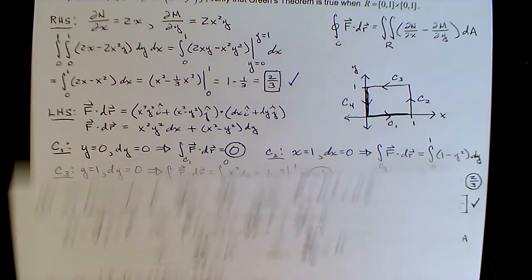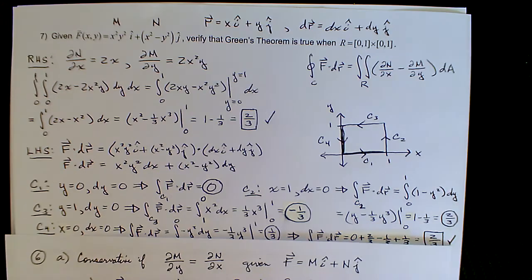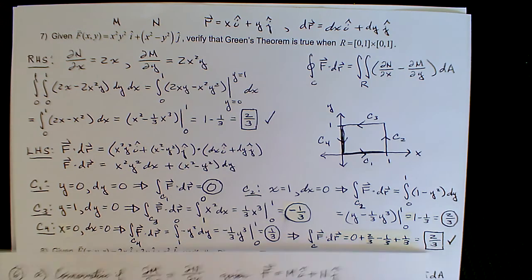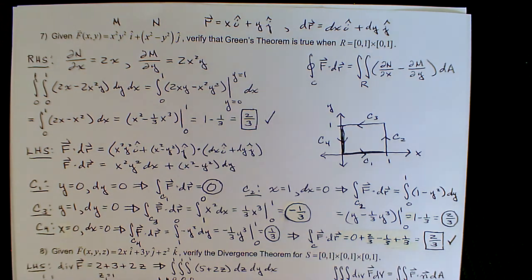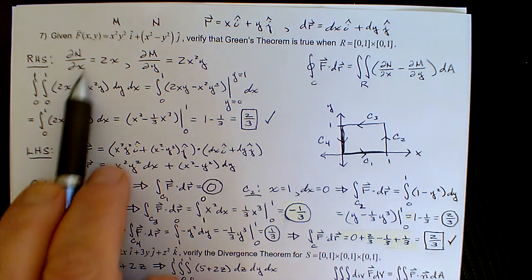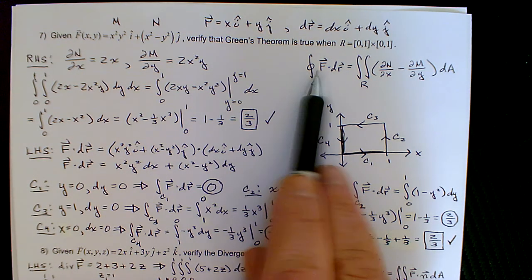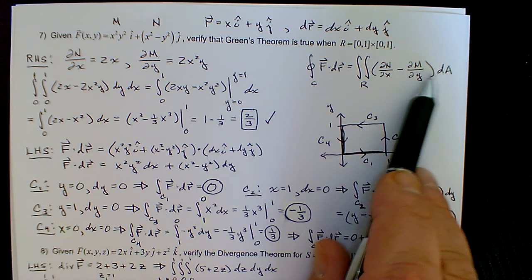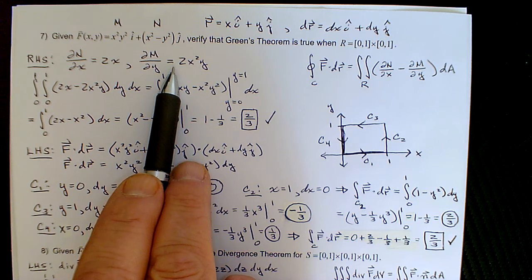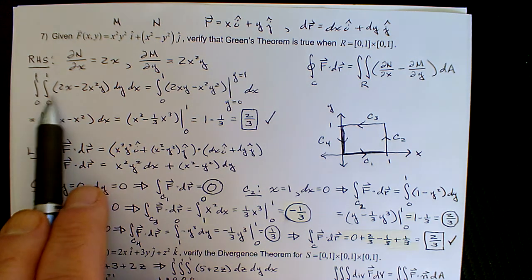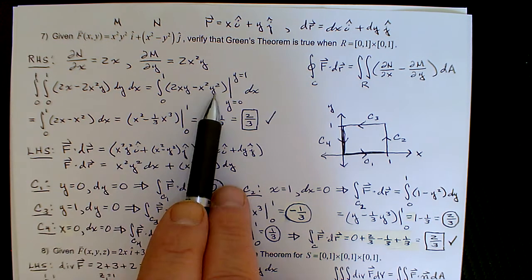So you can see what we did there in the solution. So that's kind of a busy solution, but we worked out the right-hand side first. Calculated the partials, literally calculated the integral.